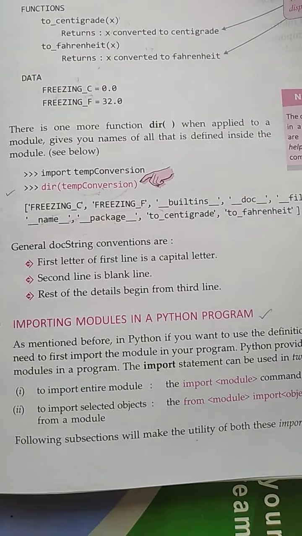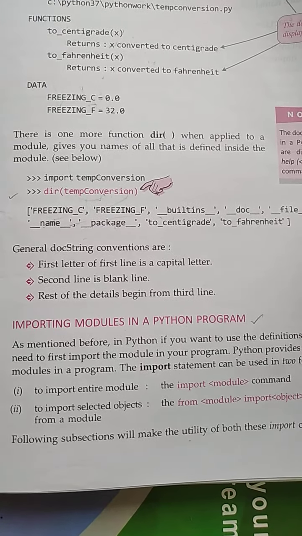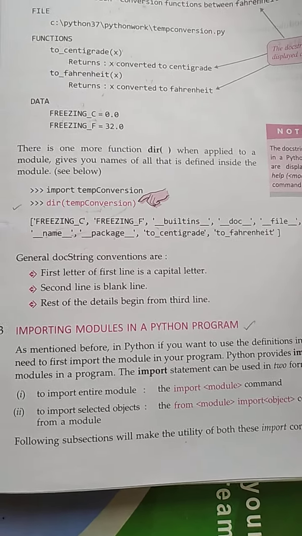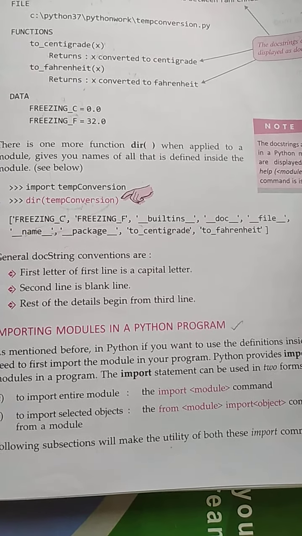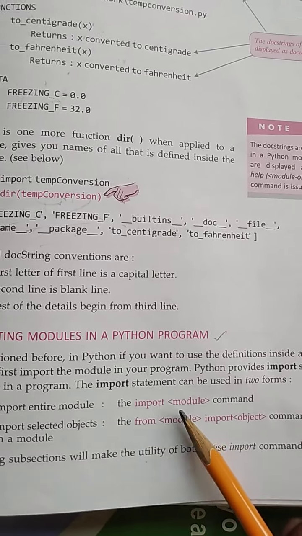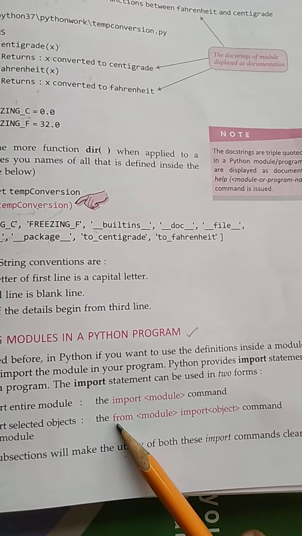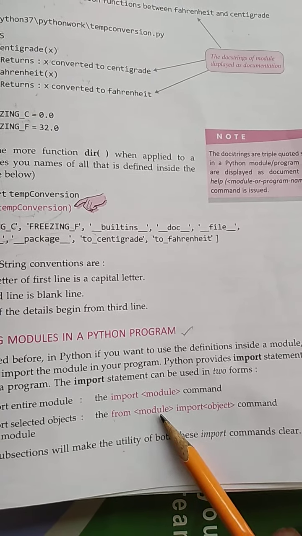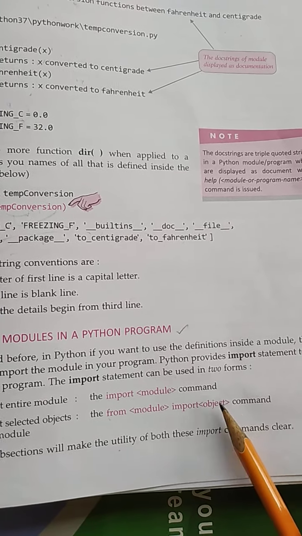Then importing a module in a Python program. How can we import a module? You know the command import and the name of the module: import math, import string, like that. Where we want to import a particular function from it, we use from math import sqrt, so sqrt, pi, like we can give.